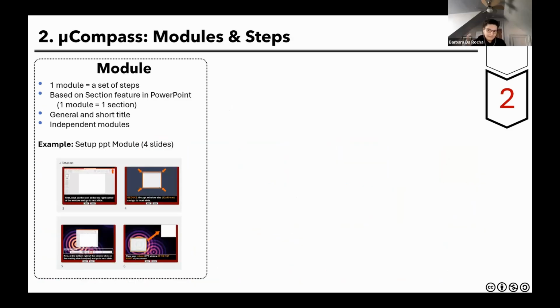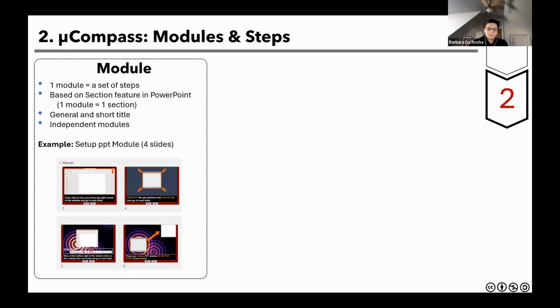Each module is basically a set of steps, and we have used a feature within PowerPoint called the section feature. Each section within PowerPoint is in fact a module. We try to have general and short titles so that it's easier to look at the architecture in the background, and they are designed as independent.